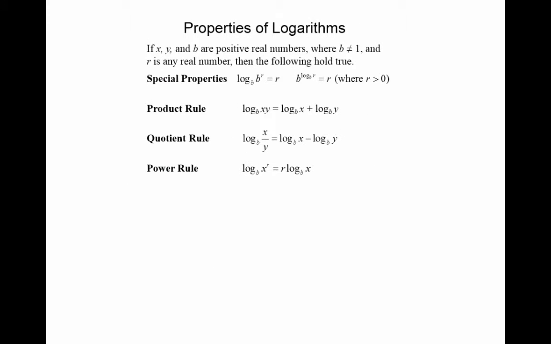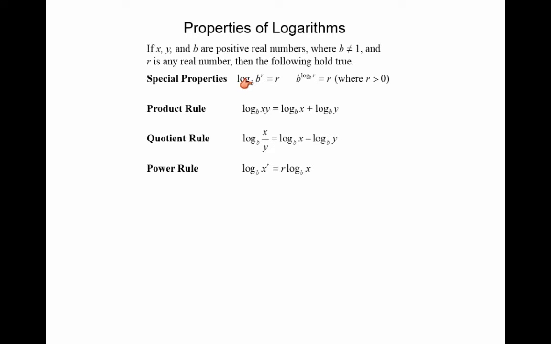Properties of logarithm: if x, y, and b are positive real numbers, where b is not equal to 1, and r is any real number, then the following holds true. So here we have a special property. We have log of b to the power of r.